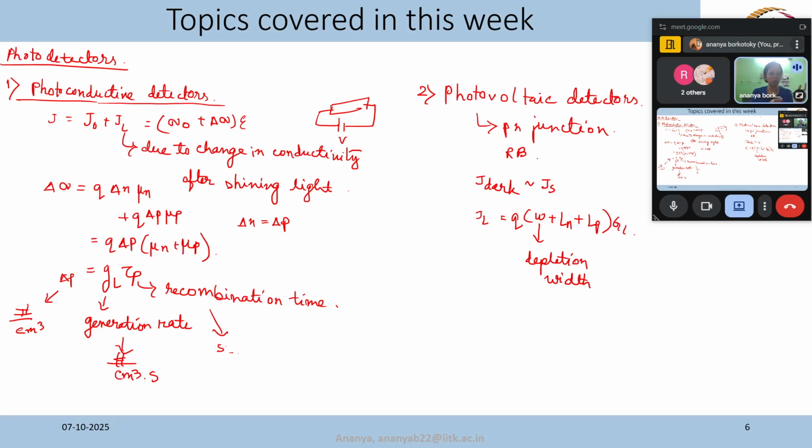Holes should go towards the p side and electrons towards the n side in the neutral region, without recombining in between, so it depends on the diffusion length. If the diffusion length is more, carriers can diffuse a longer distance and we get more current. So this is directly proportional to the diffusion length, and of course directly proportional to the generation rate.